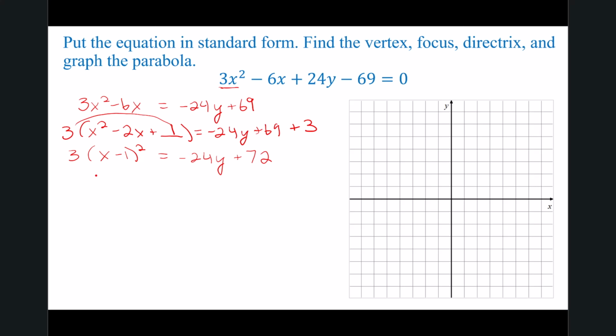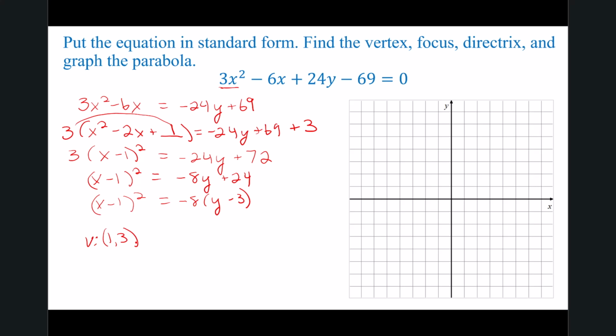If I divide everything by 3, I get (x minus 1) squared equals negative 8y plus 24. And now on the right side, I'll factor out the negative 8, and I get (y minus 3). Okay, so the vertex (h, k) would be (1, 3).